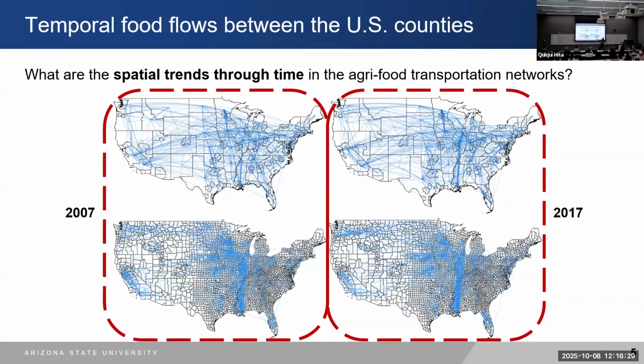And we see Florida and California also become pretty important food regions across spatial scales. And we realize that over a decade, the structure doesn't really change that much. So we have a working food distribution system. It seems like we're not changing it that much.